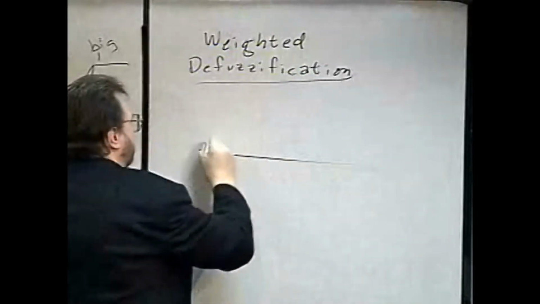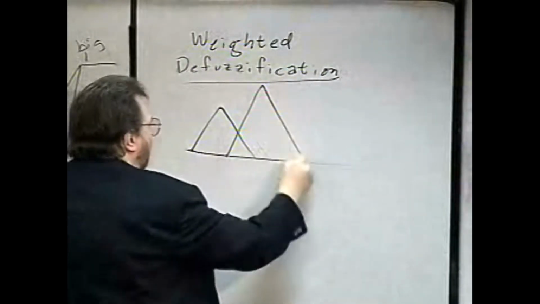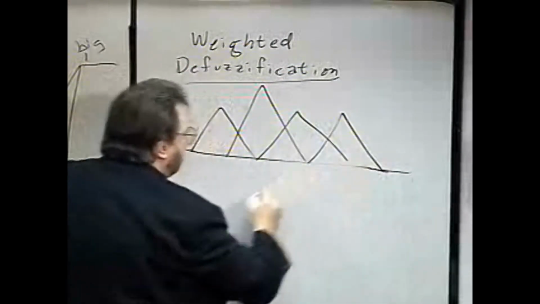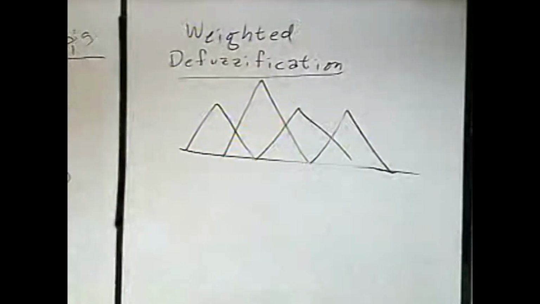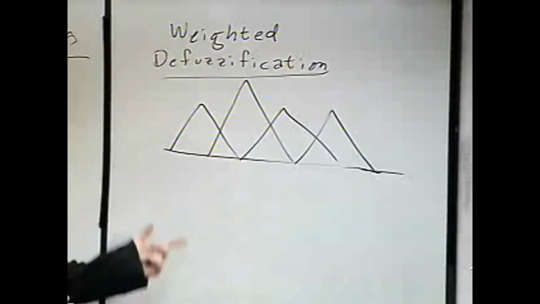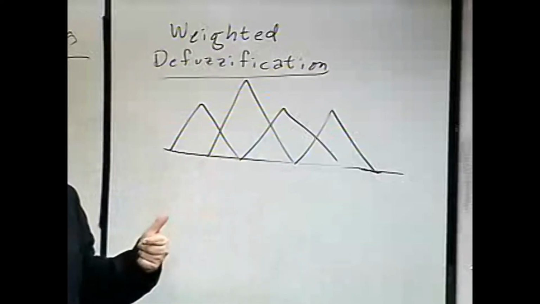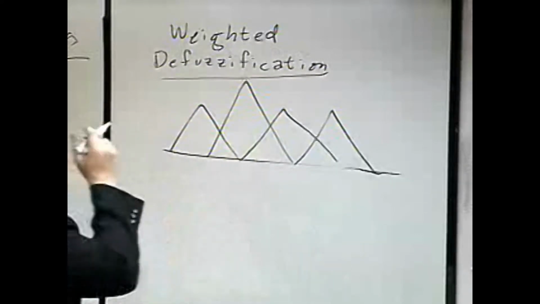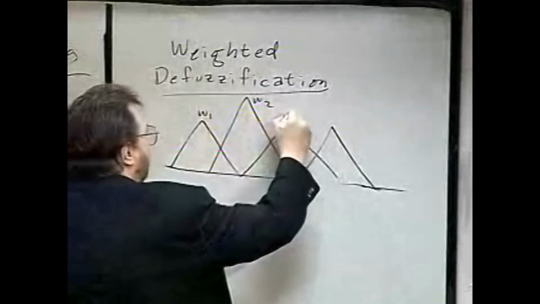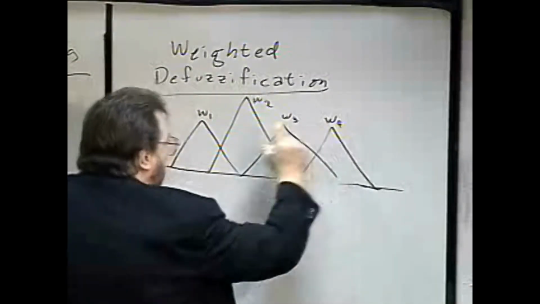Where one weights the consequent membership functions in accordance to whatever the weight was computed from the if-then table. And then what one does is you have these different weights. Let's call them weight 1, weight 2, weight 3, and weight 4.